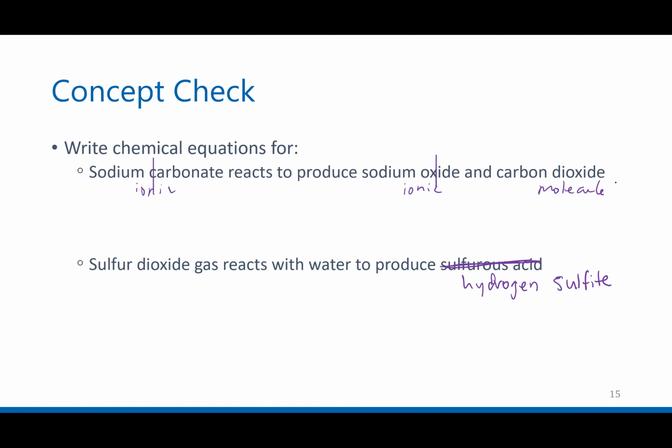I would have to tell you the phase of this. But realistically, especially for any of my students in here that are doing biology, you should know that carbon dioxide is a gas. I mention biology because you talk about CO2 a lot.